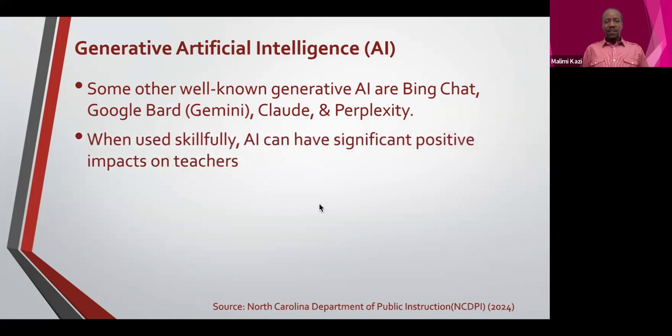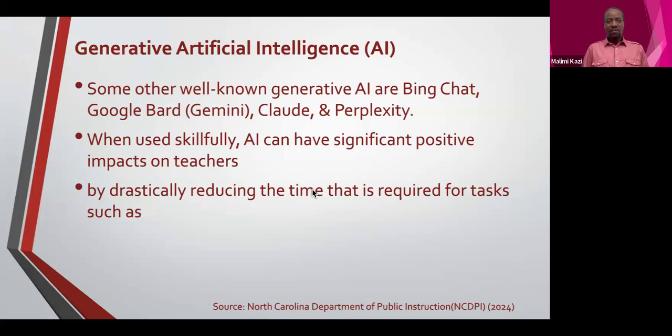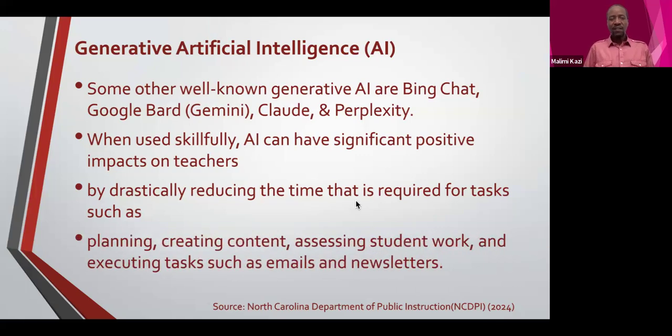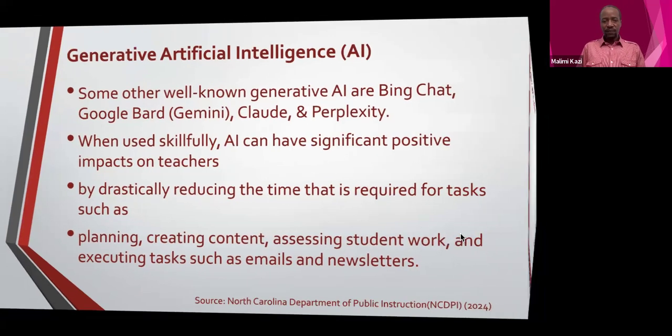When used skillfully, AI can have a significant positive impact on teachers by drastically reducing the time that is required for various tasks such as planning, creating content, assessing student work, and also executing tasks such as writing emails and newsletters.